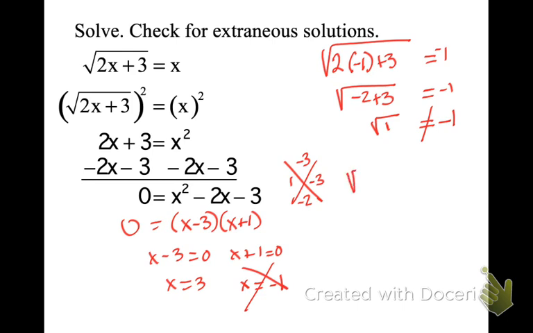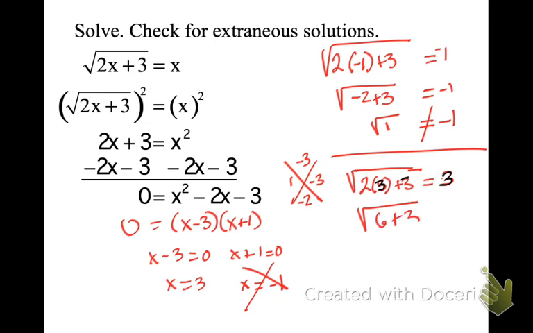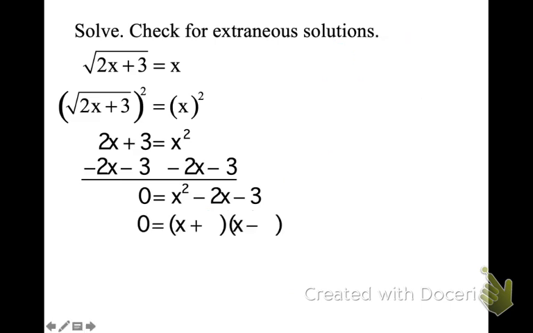Then we're doing 2 times 3 plus 3. Does that equal 3? This time I'm substituting for 3. So that becomes the square root of 6 plus 3. Is that equal to 3? The square root of 9 equals 3. That works. So 3 is your solution. Okay?